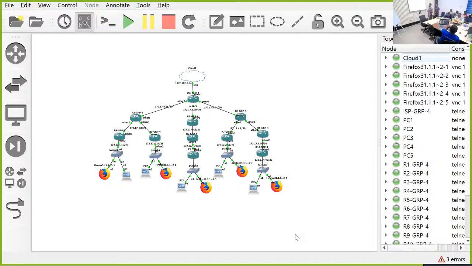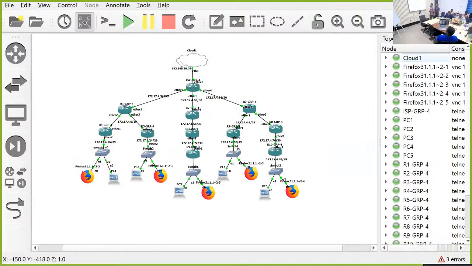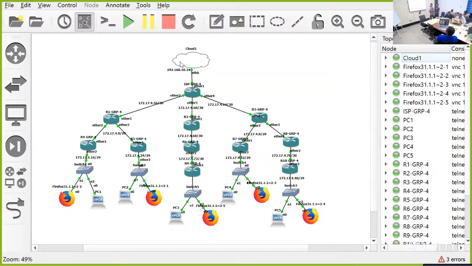And from here, we connected from the ISP. Eta 1 is going to the cloud, Eta 2 going to router 2, Eta 3 to router 3, Eta 2 to router 1, Eta 3 to router 2, and Eta 4 to router 3.